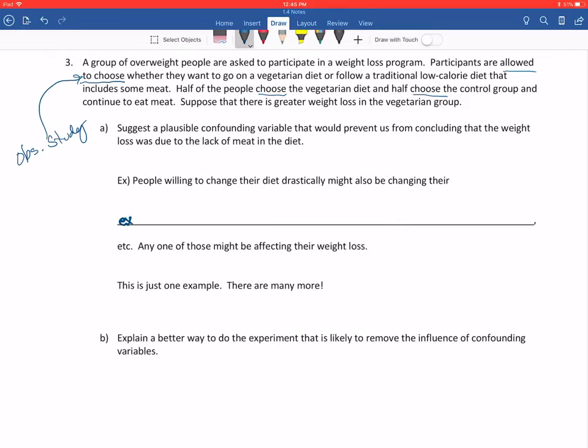They might also be changing their exercise, maybe sleep habits, possibly other dieting supplements, etc. And any one of those things could actually be causing or affecting their weight loss. And that's just one quick example. There would be many more. What would a better way be to do this experiment? To remove the influence of confounding variables? Well, that would be the random assignment.